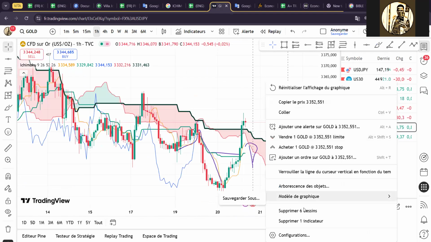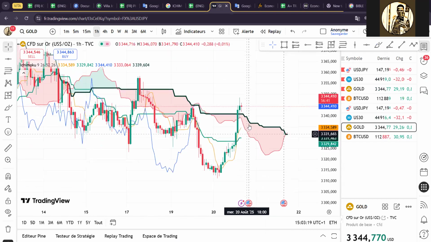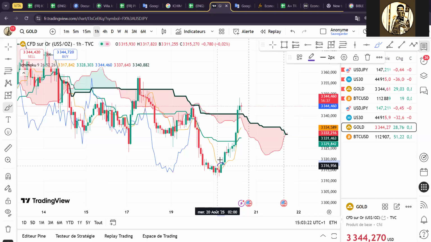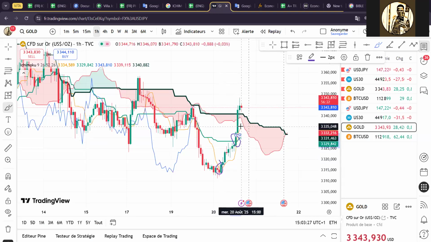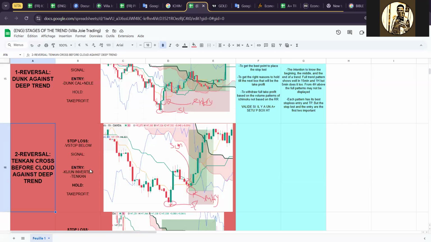So let us go on for this one on the gold. Which phase are we in? The phase of the dunk is past, the TK cross is just past. Now Tenkan and Kijun are still below the cloud. So we are in phase two, right? TK cross before the cloud. That is phase two.